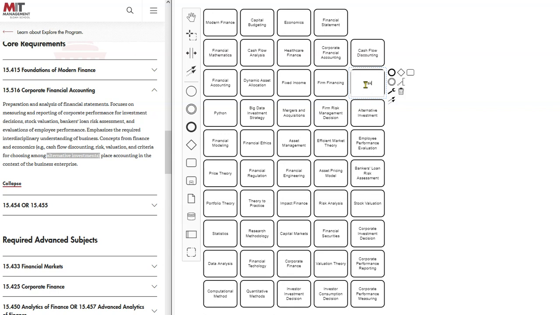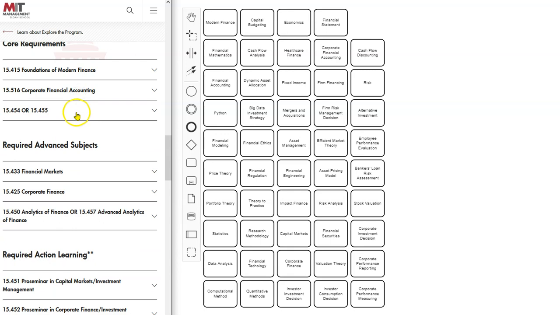Let's just stick the word risk here. We already have alternative investment, and we already have valuation. Do you see valuation here? Valuation theory, which is similar. Accounting in the context of business enterprise. Alright, so let's just leave it at that.